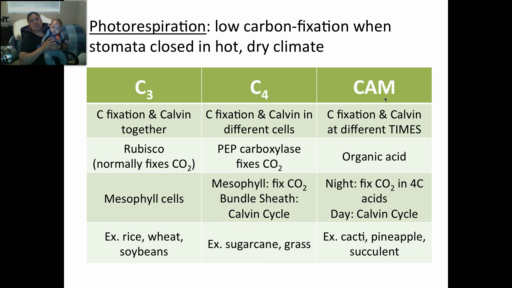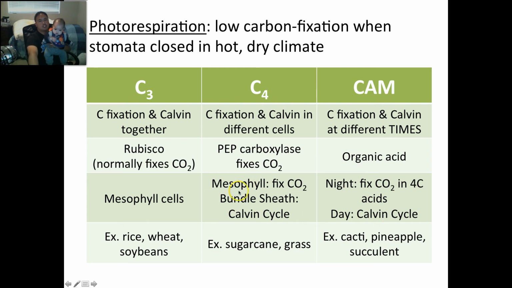The problem is that you can't do photosynthesis when it's super hot, because you have to open up your pores, and when you open up your pores, you lose water, and plants don't like that. So in CAM plants, they do carbon fixation and the Calvin cycle at different times. So like at nighttime, when it's not so hot, that's when they do all these things. Instead of Rubisco, C4 uses PEP carboxylase, and CAM uses organic acid. At night, that's when they do carbon fixation, and during the day, that's when they do the Calvin cycle.